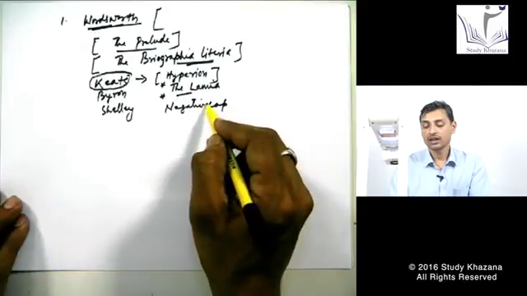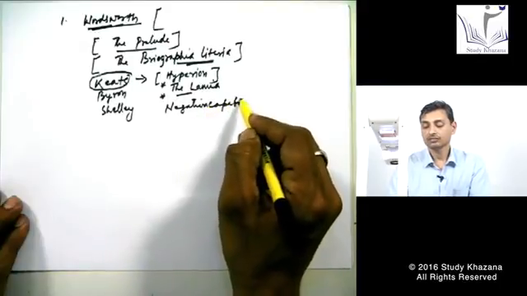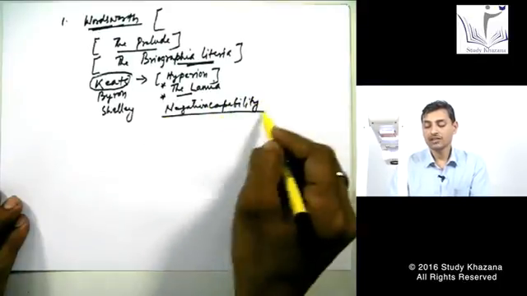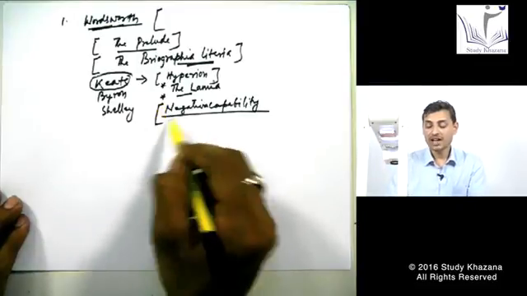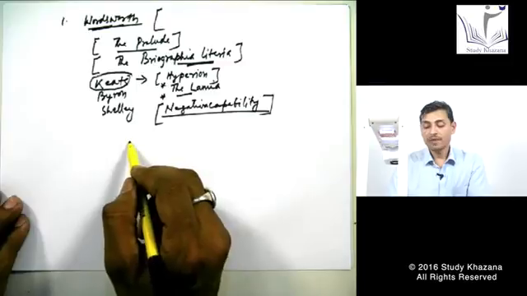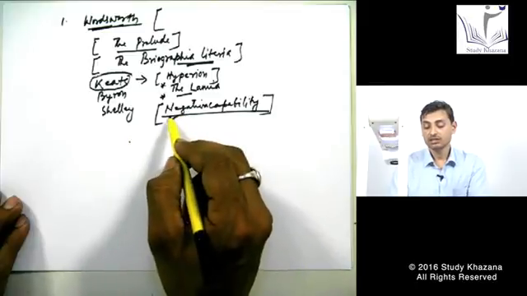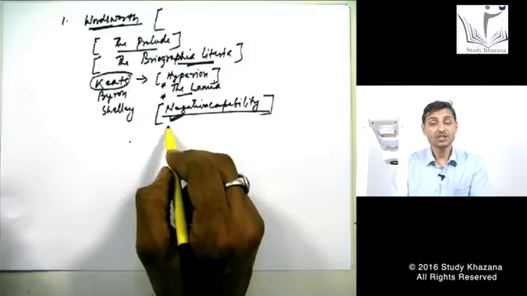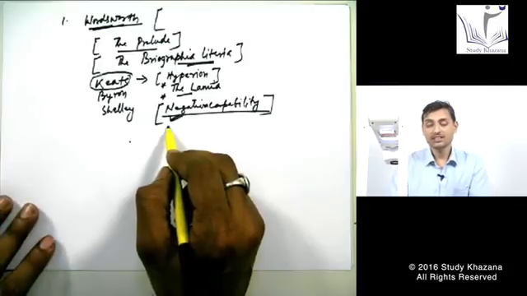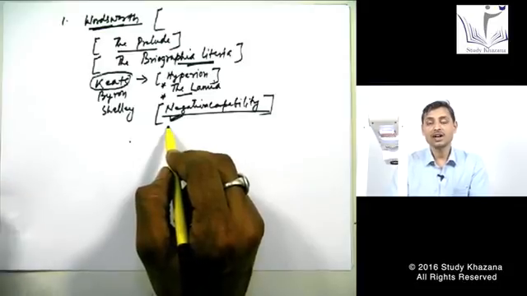Negative capability. This is a very, very important term from the point of view of examination. Here, he tried to show that the maximum influence of negative capability was on Shakespeare. If you go through the plays of Shakespeare, you will find that Shakespeare uses one statement in a different context.